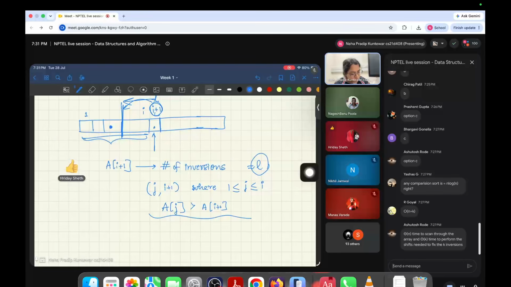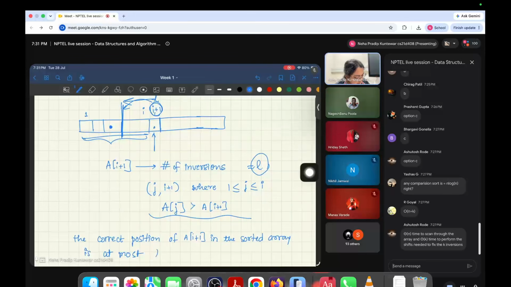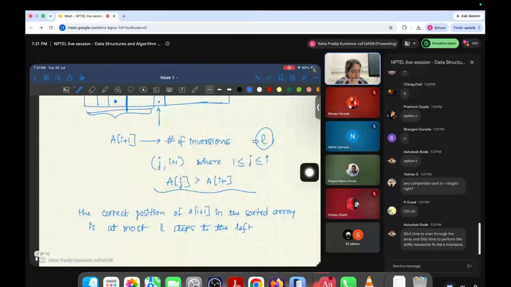Observe that if a of i plus 1 has L inversions, then the correct position of a of i plus 1 in the sorted array is at most L steps to the left.